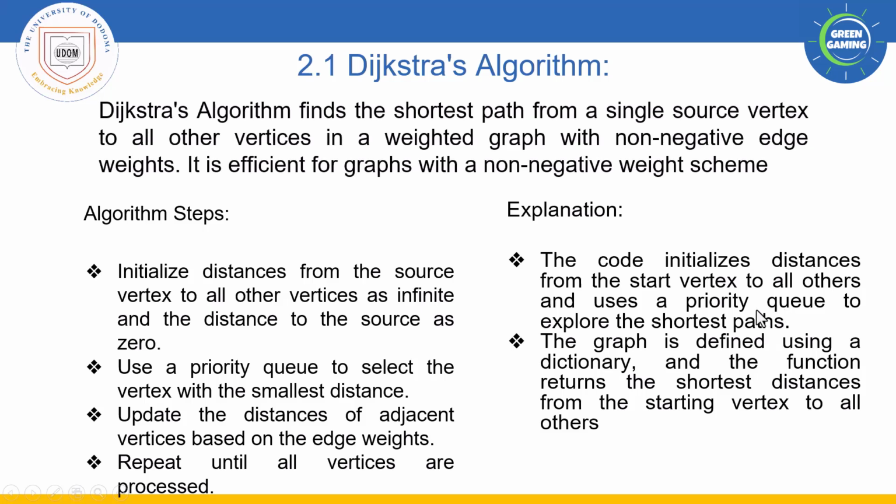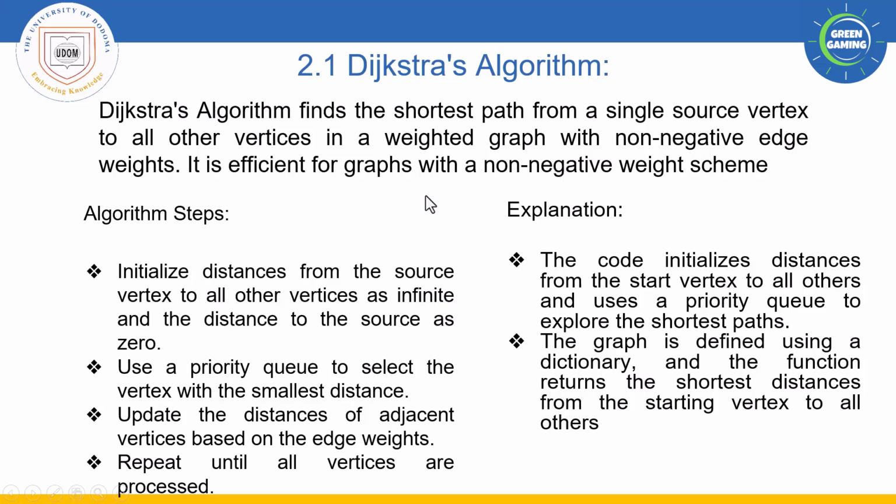other vertices, right? So Dijkstra algorithm finds the shortest path from a single source vertex to all other vertices in a weighted graph with non-negative edge weights, right? So this is a point to note.